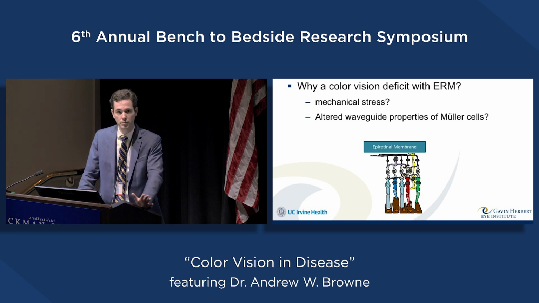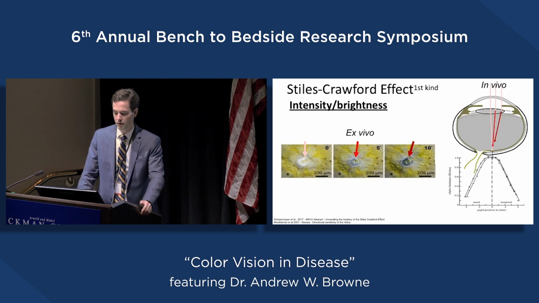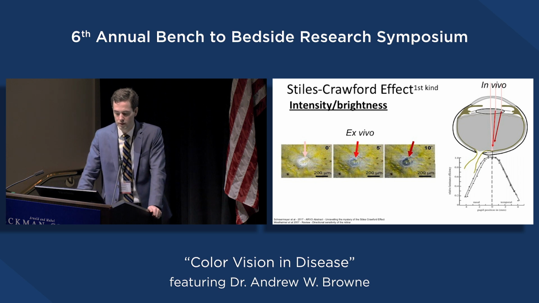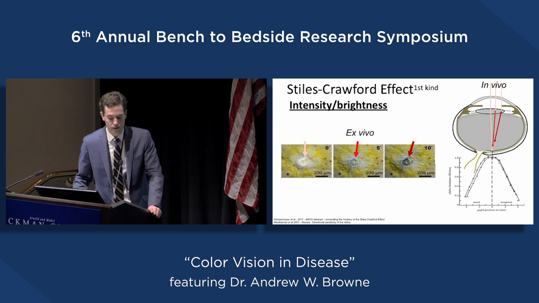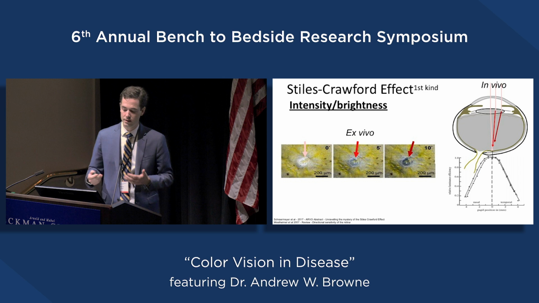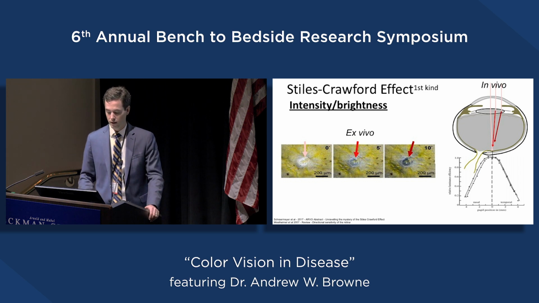Mueller cells are extremely interesting cells because they are basically fiber optics that live in the retina. One of the phenomena, known as the Stiles-Crawford effect of the first kind, affects the intensity and brightness that one sees depending on the angle of illumination.